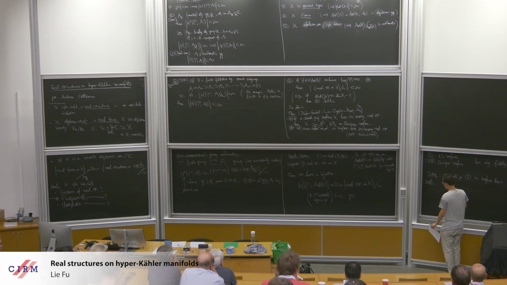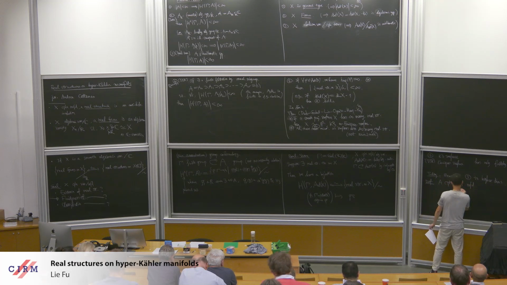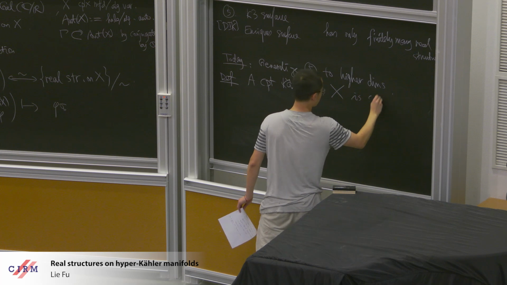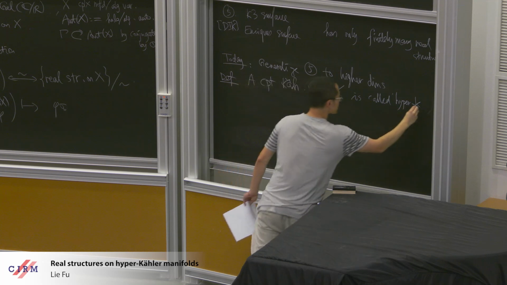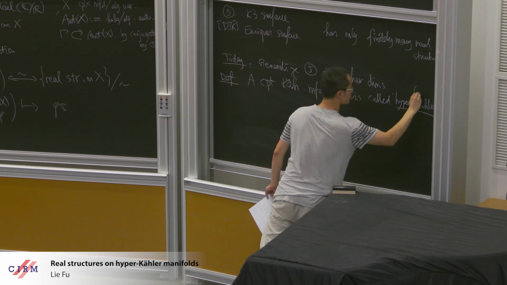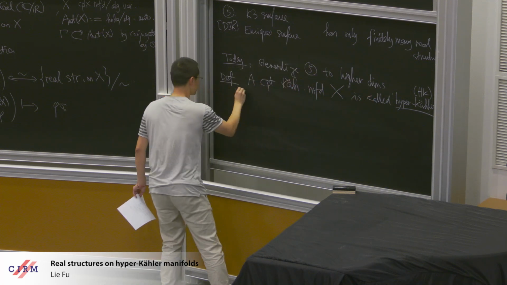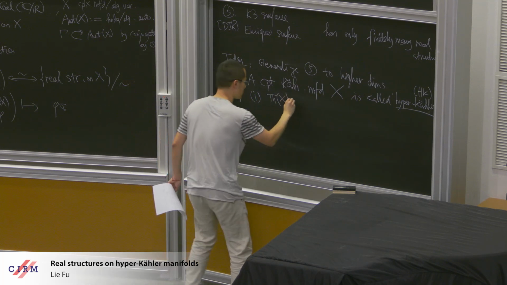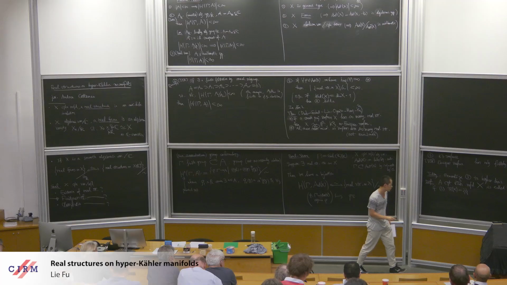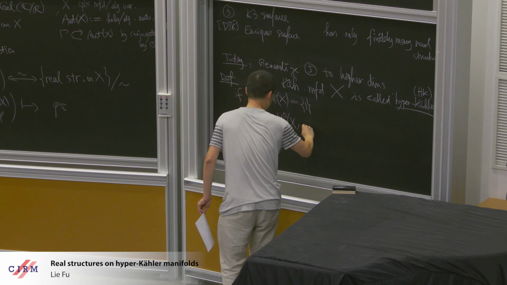Okay, let me tell you what a hyper-Kähler manifold is. So a compact Kähler manifold, a complex manifold X, is called hyper-Kähler, which I just write HK for simplicity, if, just to decompose into simple factors, let's assume that the fundamental group is trivial, and the most important condition is the existence of a holomorphic two-form.